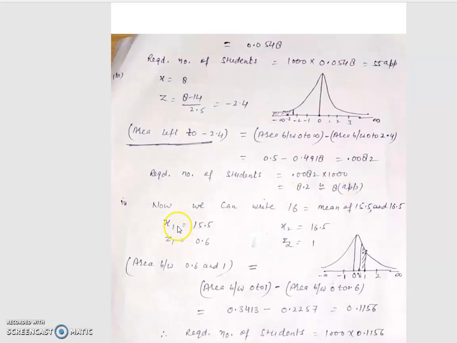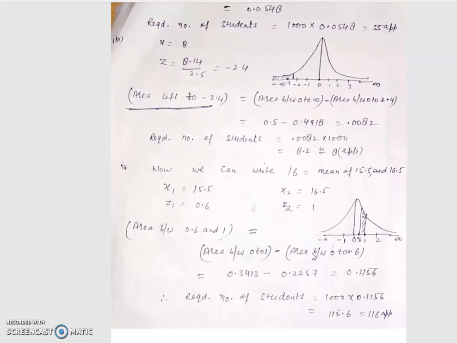Now in the last, exactly how many students score 16? Then this 16 is the mean of 15.5 and 16.5. Therefore x1 is 15.5 and x2 is 16.5. Find z1 and z2. We need the area between 0.6 and 1. How can we find it? This is 0.6, this is 1.